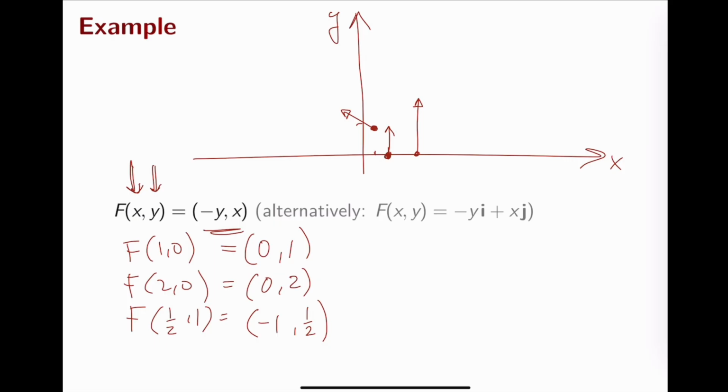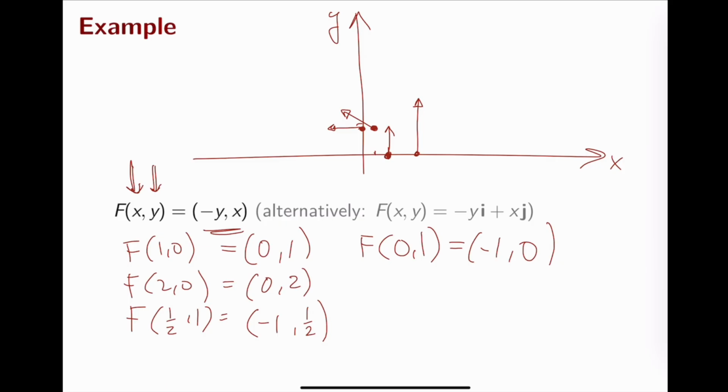And let's give just more values. Let's say f at (0, 1). So (0, 1) is this point here, 0 of x, 1 of y. Plugging in again, the image of (0, 1) is (-1, 0). So at this point we have -1 in x and 0 in y, so it will be a vector that goes like this.